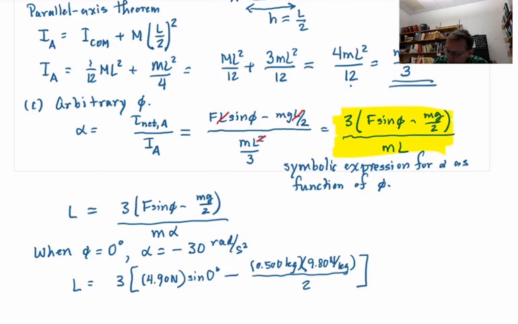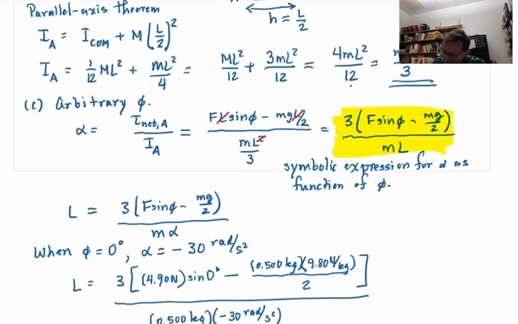That's in the numerator. And in the denominator, I have m, 0.5 kilograms, and alpha, careful, negative 30 radians per second squared.